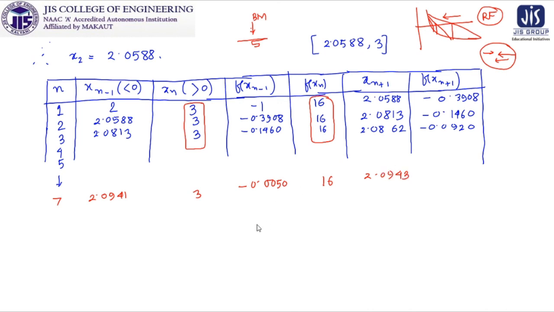So here we can say that hence the root of this given function is 2.0943, correct up to 4 places of decimal or 4 decimal places.